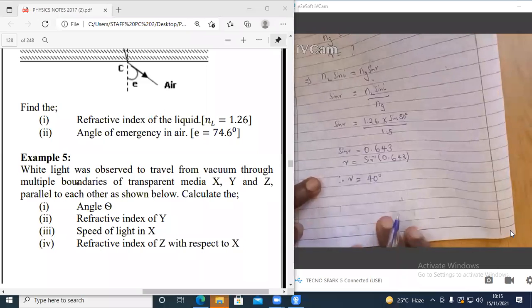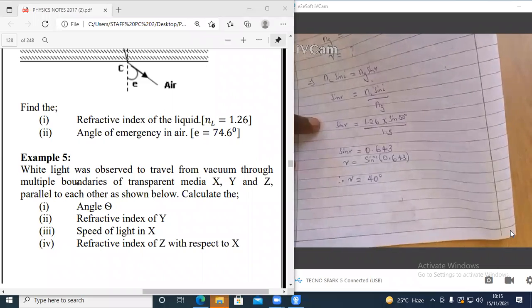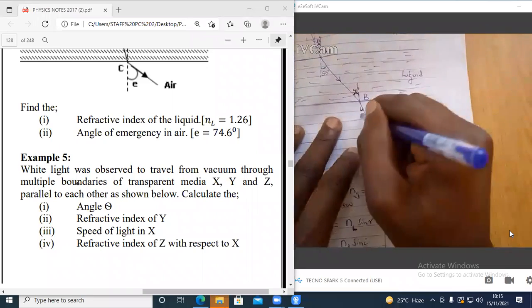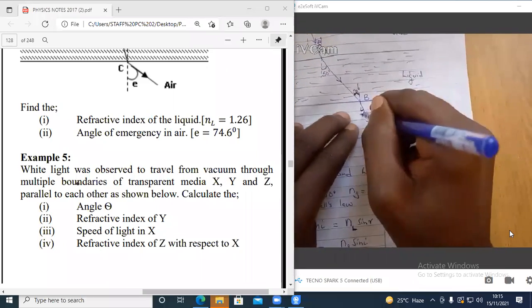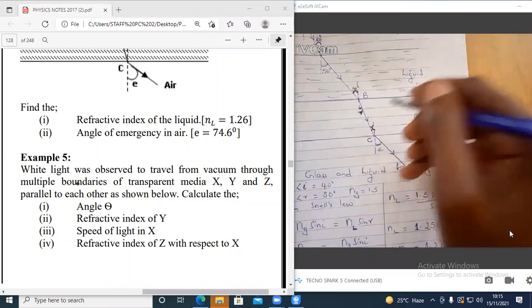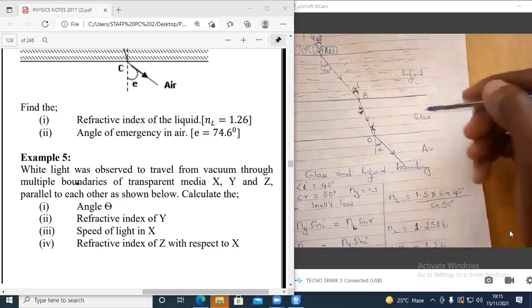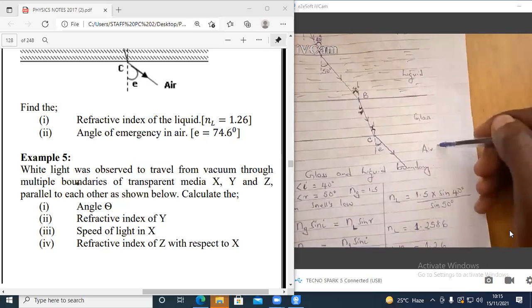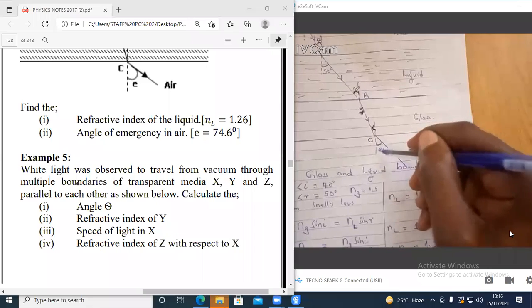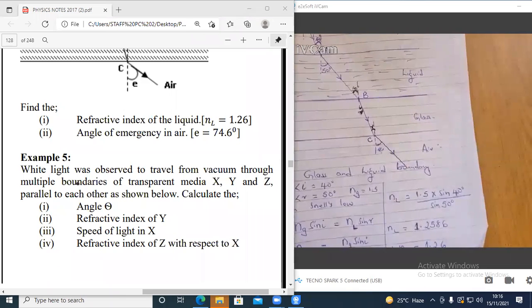But is that what we are looking for? No, we are looking for E. Now I've got this angle R here, but using the properties of alternate angles, this angle is also going to become R. So now we are using glass and air to find angle E. Are you together, members?